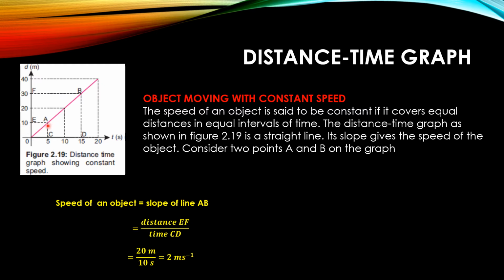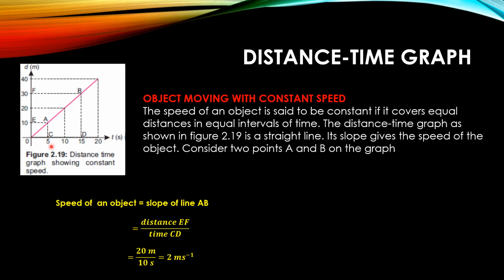Now consider 2 points A and B on the straight line of the graph, and from these 2 points draw perpendiculars on the y-axis as well as on the x-axis. This point is known as y1 and this will be taken as y2.